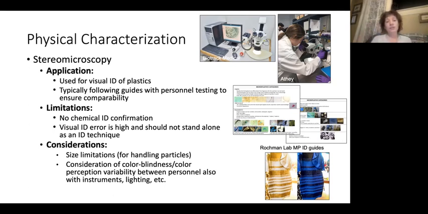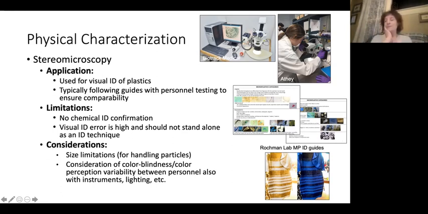So considerations here are size limitations of your scope, and also consideration of color blindness and color perception varying between different personnel. And it can also vary with lighting and with different types of scopes. And I don't know if anyone remembers a few years ago the debate over this image of this dress that was posted online.